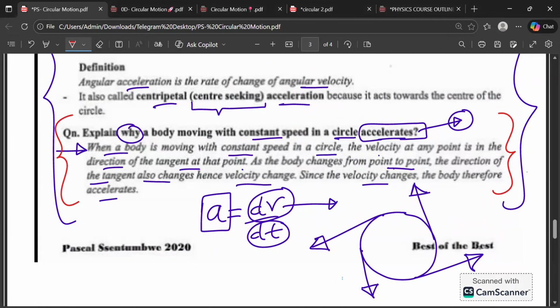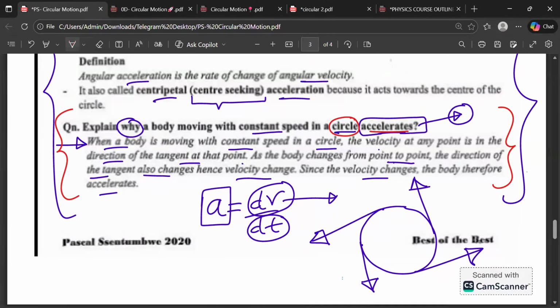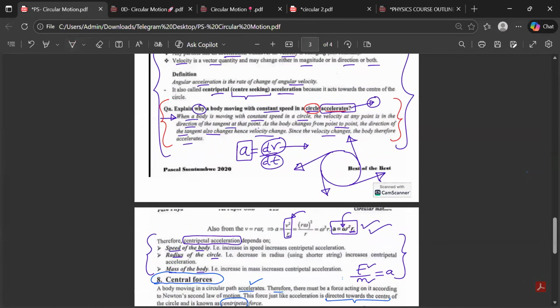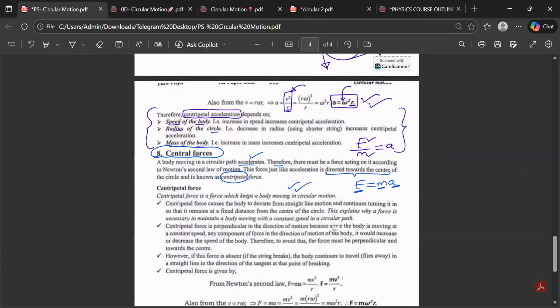It is the same statement: explain why a body moving with a constant speed in a circle accelerates. There they are saying that a body moving in a circular path accelerates, then there we explained why it accelerates. Okay, now I'm understanding.